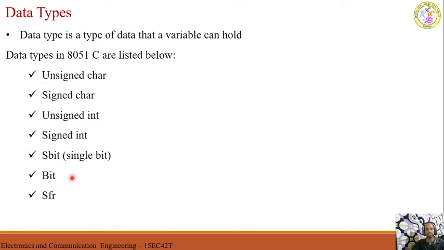So these are the different data types supported by 8051 C. Here, first of all, we shall define what we mean by a data type. For example, if I take some variable, let the variable be A, I will assign some number to this variable. For example, I will assign 14. So we can say that 14 is an integer number.